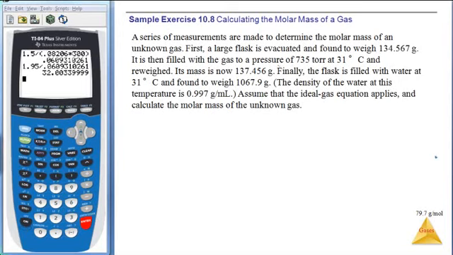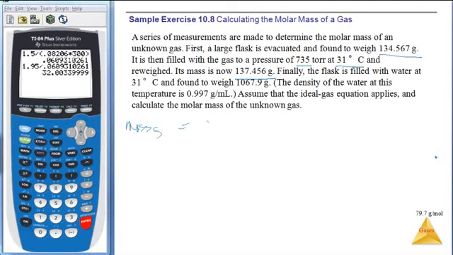So a series of measurements are made to determine the molar mass of an unknown gas. First, the flask is evacuated and found to weigh this. It is then filled with the gas to a pressure of that many torr at 31 degrees. It is reweighed, and this is its mass. So this tells us the mass of the gas. Let's figure out the mass of the gas.